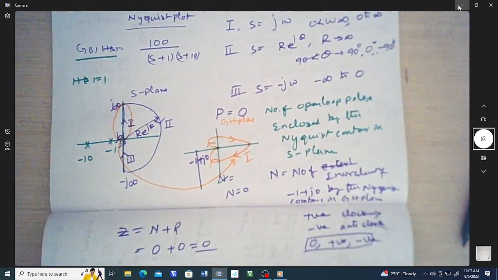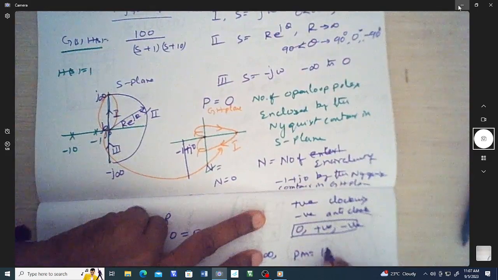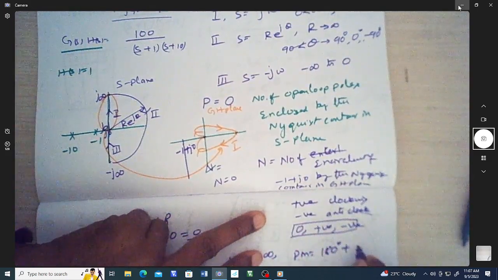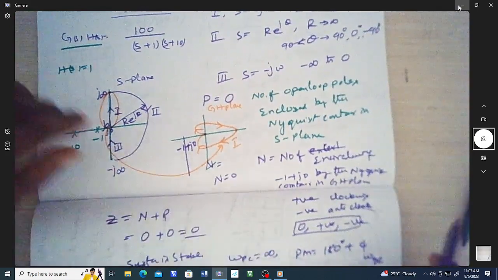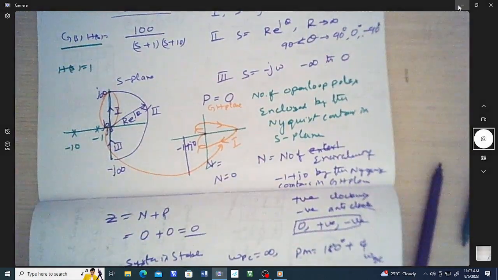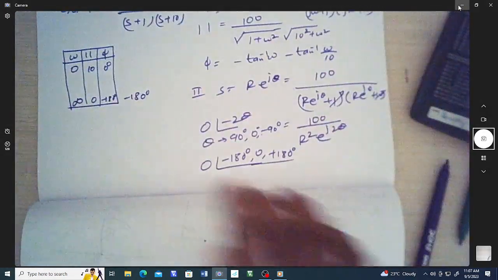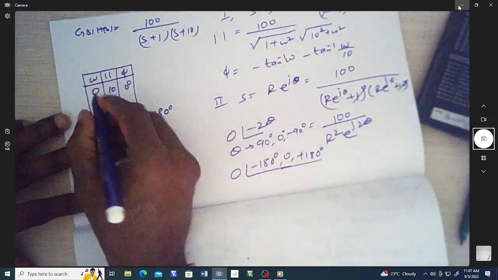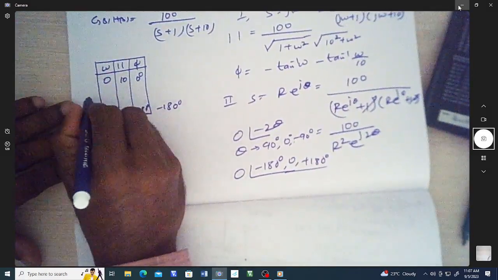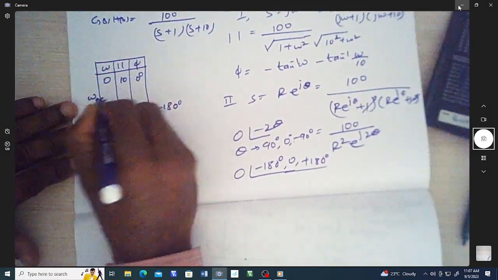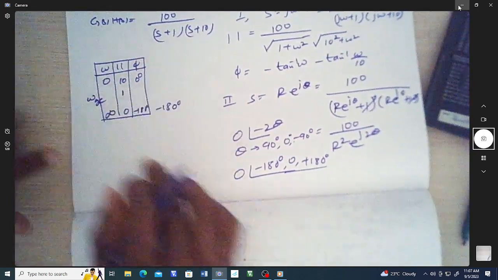Then what is the phase margin now? We know that phase margin is given by 180 degrees plus the phase at omega gc. So first you can find out what omega gc is. To find omega gc, I need to find for what value of omega the magnitude is 1, and then find the phase at that point.